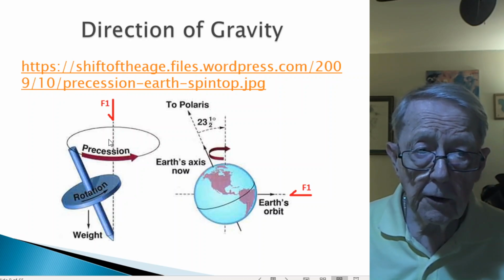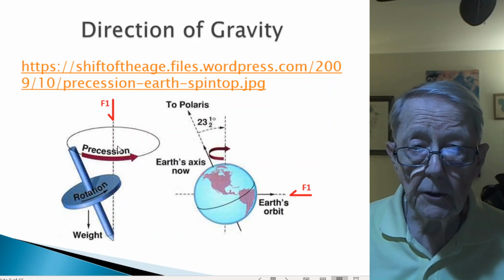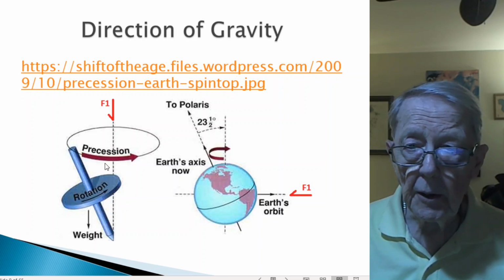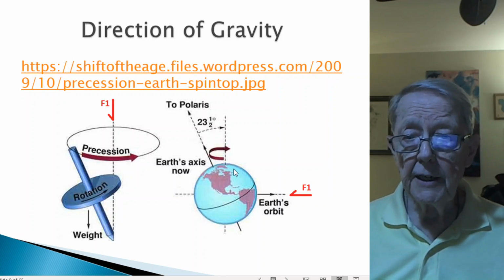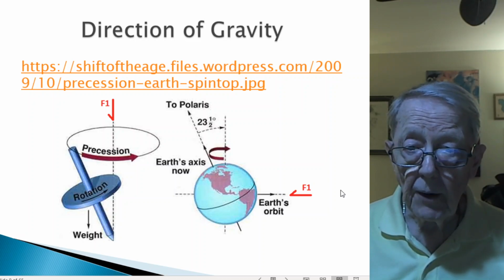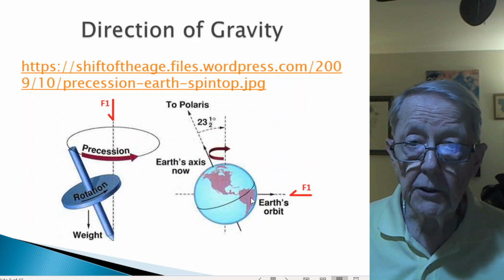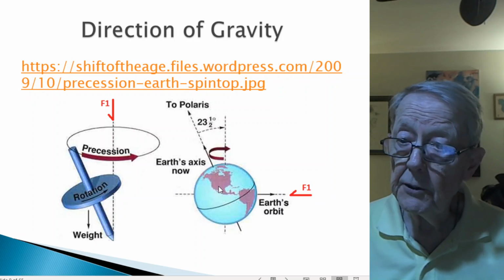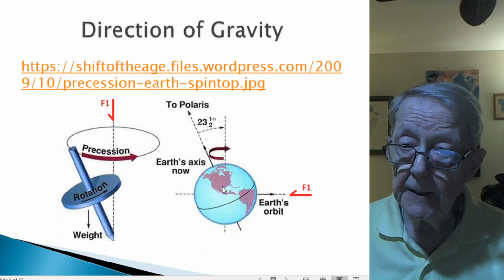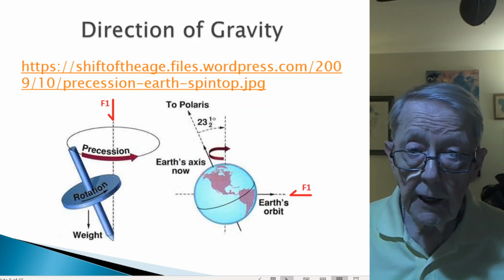So the force of gravity is towards the center of the Earth on the gyroscope. So it's the Earth that is the important gravity in the gyroscope. Well, in this case, it's the sun's gravity, and I'm assuming the sun is over here to the right, and there's a force going this way. So yeah, maybe the Earth spins differently. Maybe it's not like a gyroscope. So we're going to look into that.